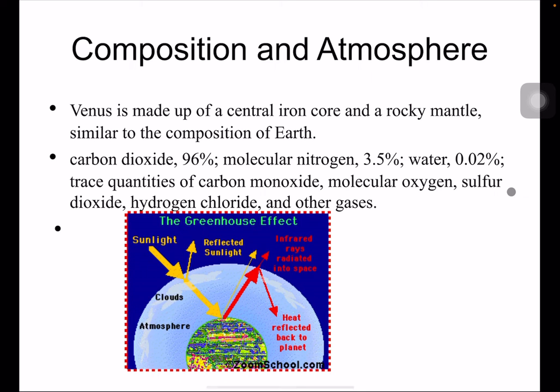So, this page talked about the composition and atmosphere of Venus. Venus is made up of a central iron core and a rocky mantle, similar to the composition of Earth.